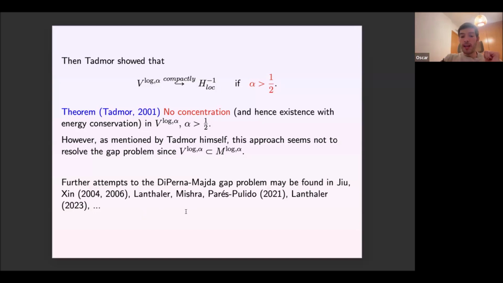There are also some very recent papers by Mislà, Lanthaler, Pares Pulido, also Lanthaler, where the authors obtain another approach to the DiPerna-Majda method, but instead of relying on the vorticity, the authors work at the level of the velocities using the so-called structure functions.